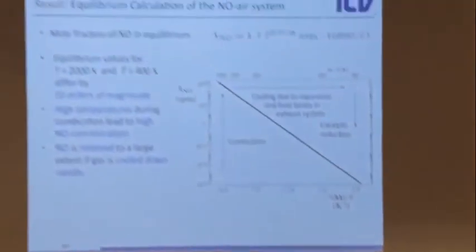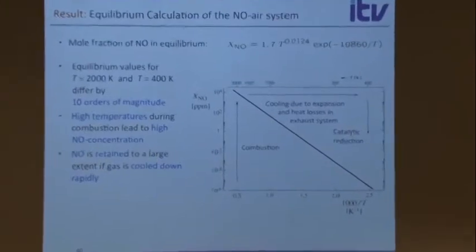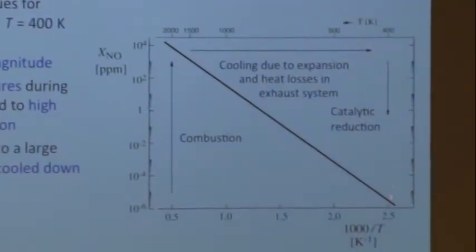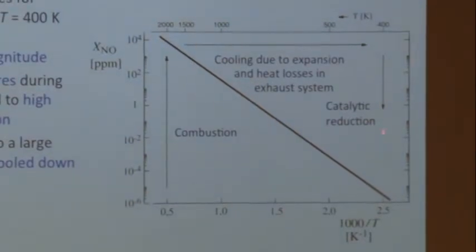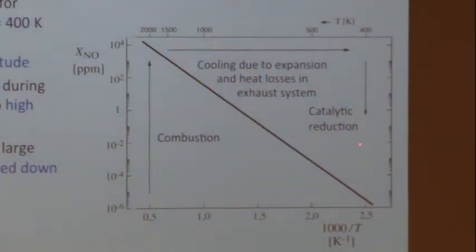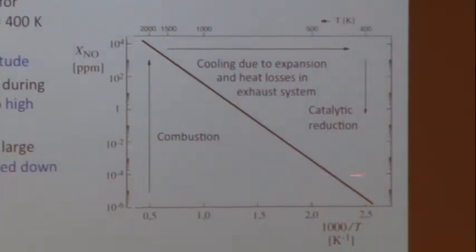It's very simple because N2 and O2 have been around for some time here in the atmosphere, okay? So it wants to go down, but it can't, and that's why in the catalytic converter, you make the activation energy of this very low, and so you make the reaction fast, so it tries to go to equilibrium, okay? Maybe also in this catalytic converter, you don't get all the way, but maybe you get to something close to here.